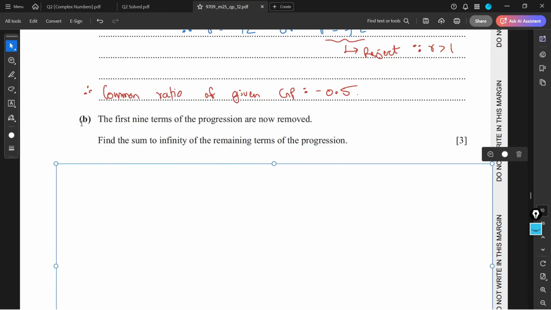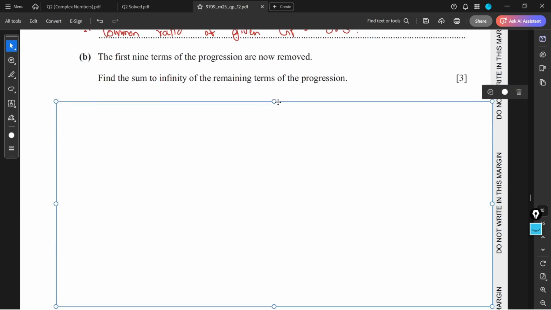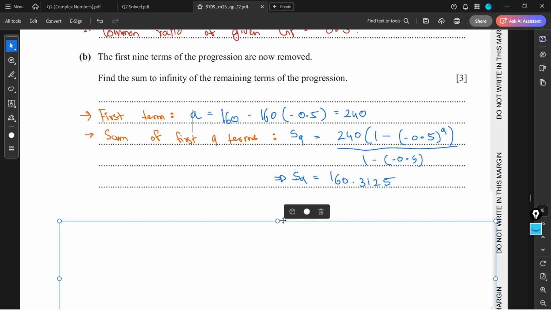And then for the second part, the first 9 terms of the progression are removed from the geometric progression, and we have to find the sum to infinity of the remaining terms. So we had all the terms, and if we remove the first 9 terms, we'll be left with the remaining sum. And that is exactly what I've done over here. First of all, I have figured out the value of a, my first term.